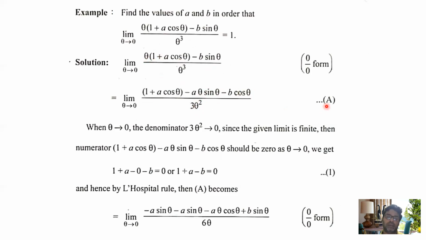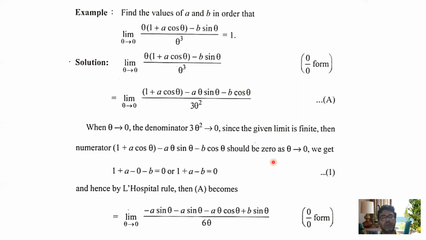This is equation a. When theta tends to 0, the denominator becomes 0. Since the given limit is finite, the numerator 1 minus a cos theta plus a theta sin theta minus b cos theta should be 0 as theta tends to 0. We get 1 minus a plus 0 minus b is equal to 0. That is 1 minus a minus b equals 0.